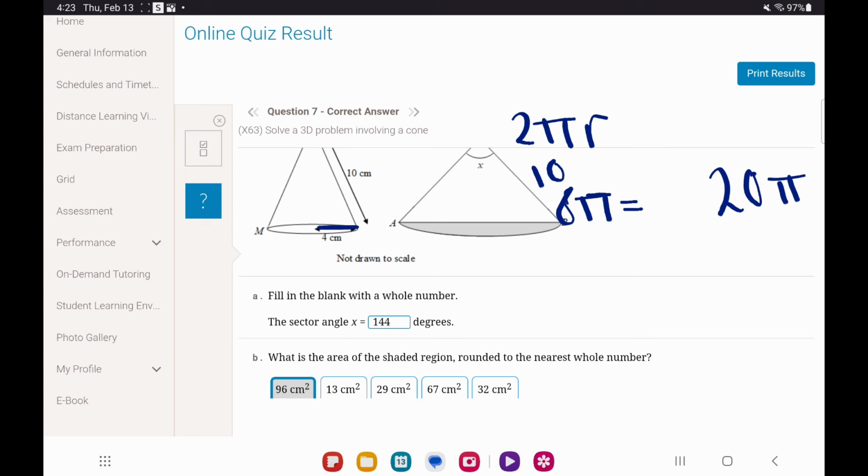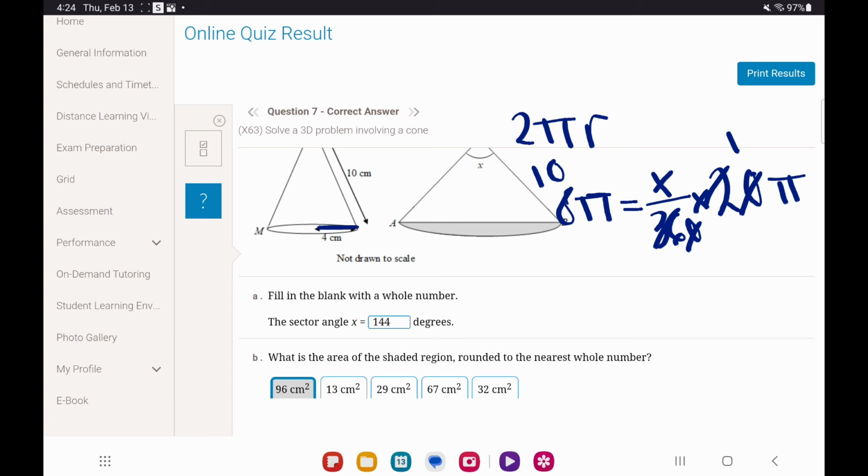So to find x, we need AB, and we need the circumference of the circle. So it's x over 360 times 20 pi. Do it on your calculator. We can cancel. Sorry, I forgot to put the 0 here. So we can cancel 0 and 0. And we can also cancel 2 and 2, 36 and 2.